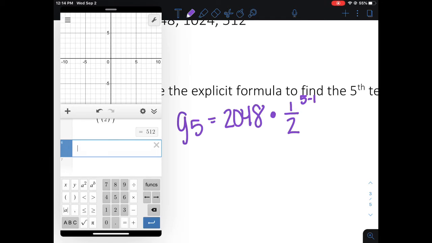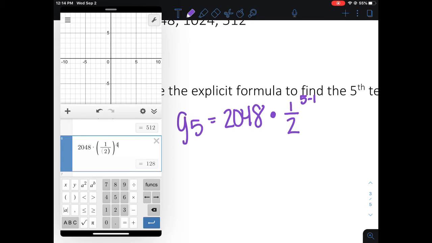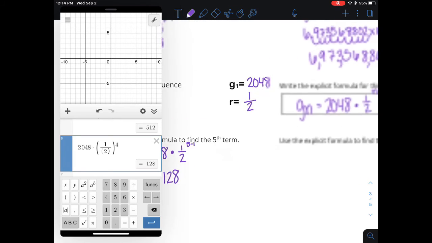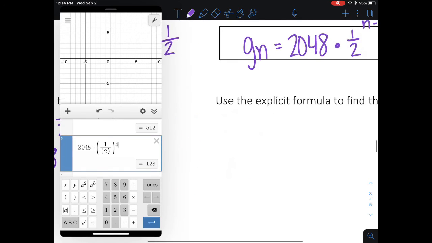Definitely not going to attempt to do that in my head, so I'll plug it into my calculator. To the power 5 minus 1 is 4. So it looks like the fifth term is 128. The answer makes sense in the context of this sequence where my numbers are getting smaller. Okay, so I'm good.